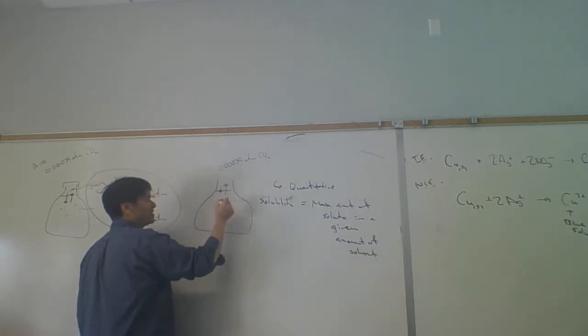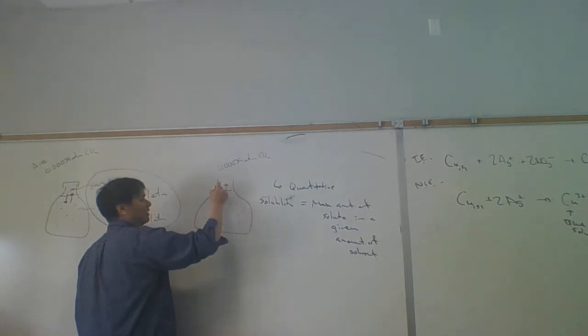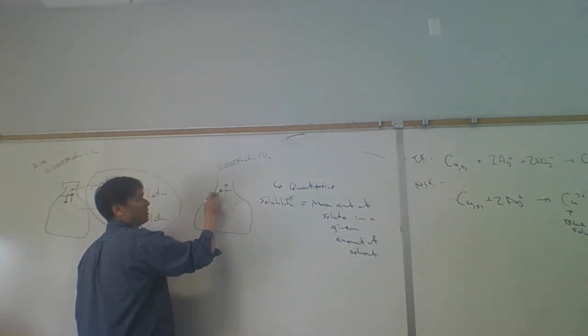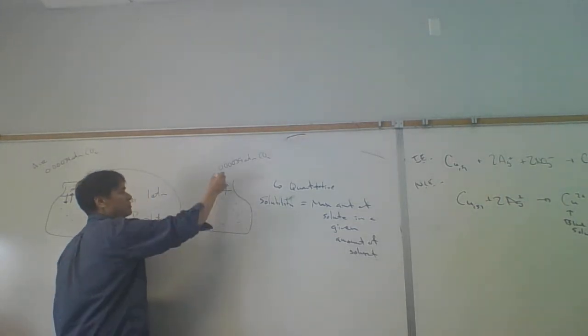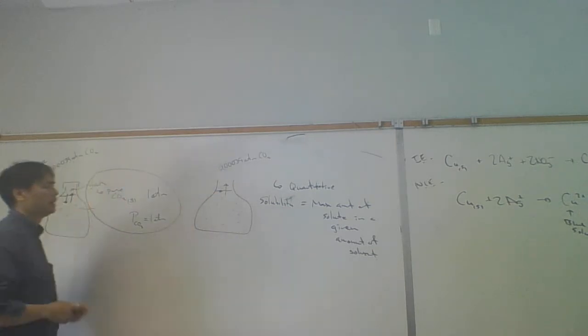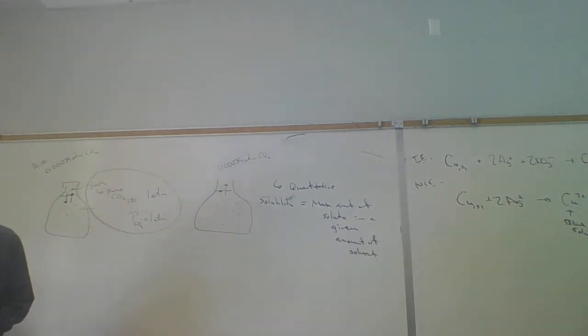And so what's happening is the degassing rate stays the same, but the dissolving of CO2 really gets cut down because we have so little CO2 out here. And so this is what we call a supersaturated solution. There's way too much CO2 in the water than can be supported by this low pressure.